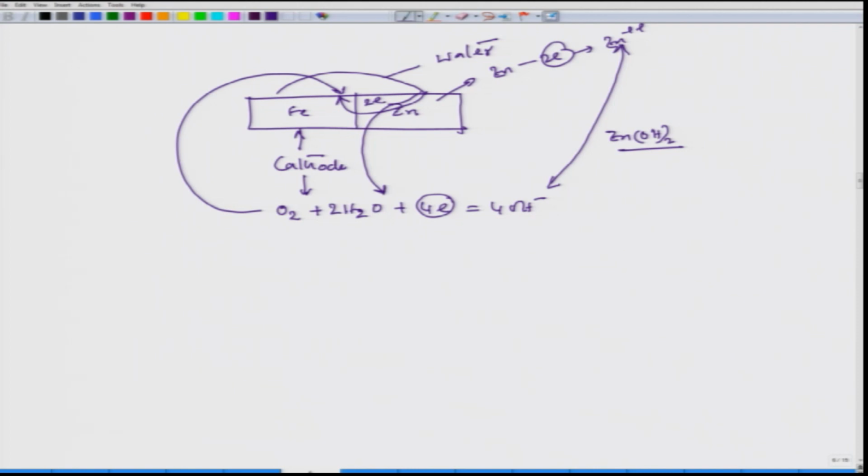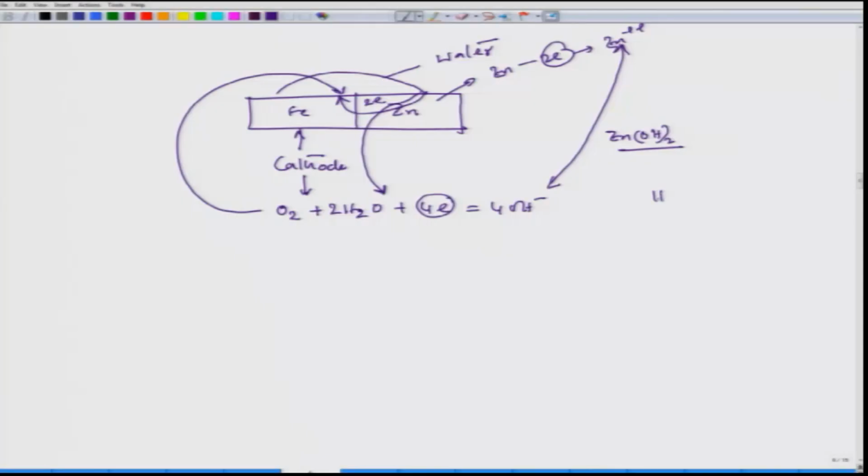So, the cathode does not mean the cathodic reaction of that particular metal ion. Cathode means where the cathodic reaction takes place, and the cathodic reaction will be decided by the condition at this interface, or the environmental species we have there. For example, in acidic media, the cathodic reaction would be H plus.